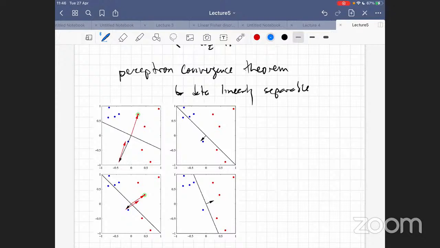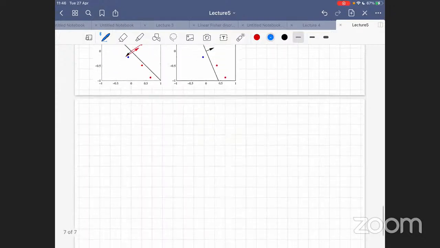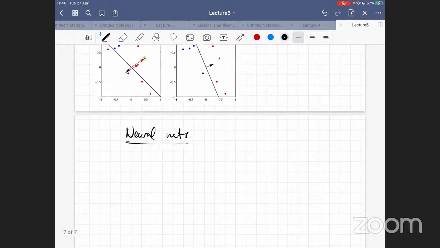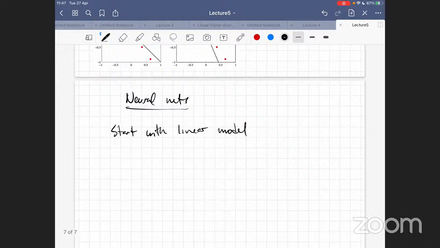Okay, if not, then let's move now to neural nets. But the idea here is, as I was saying, to make a more flexible model. Let me start with a linear model, which can be, for example, logistic regression.